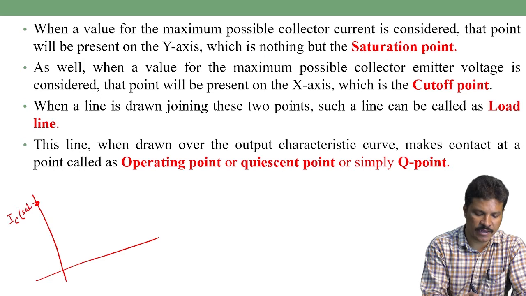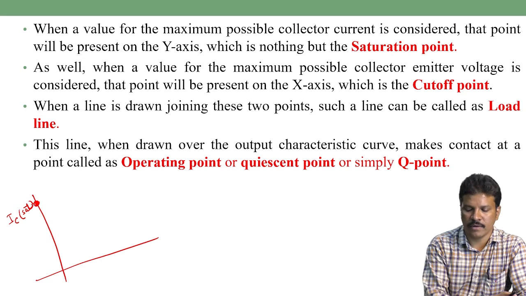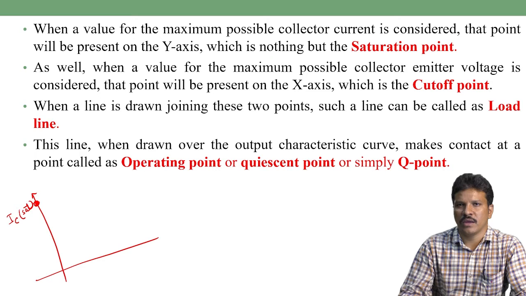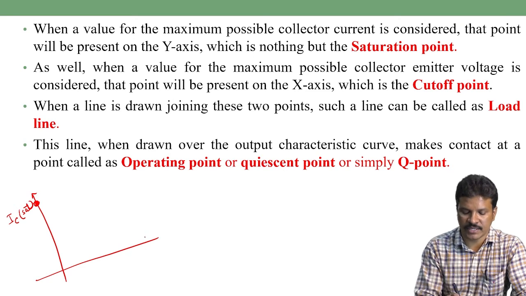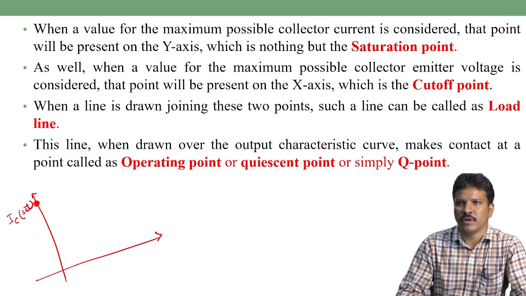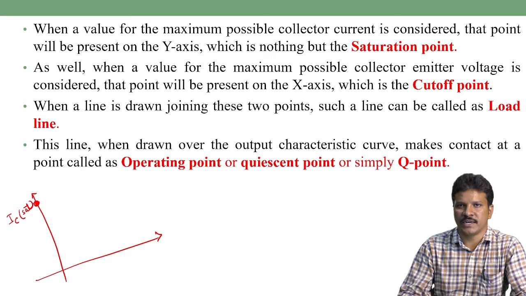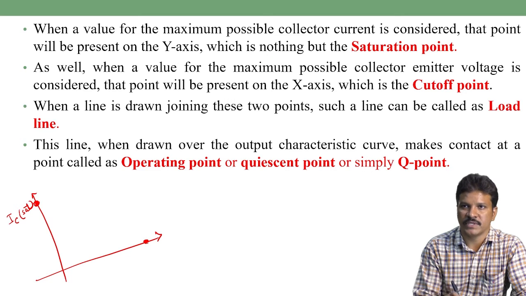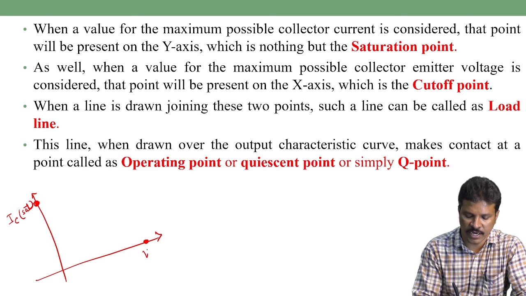Similarly, on the x-axis, the maximum possible collector to emitter voltage is marked. That point is represented as the cutoff point, VCE cutoff.